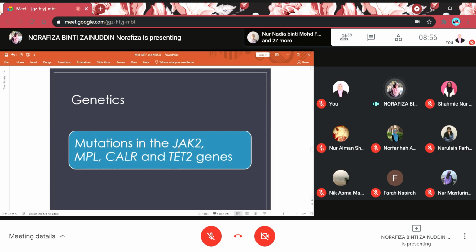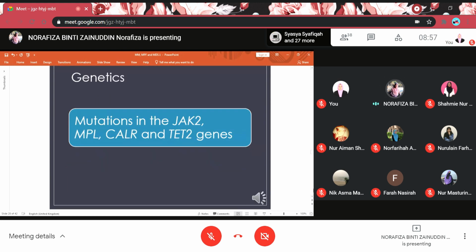But in PMF, the excess collagen will form scars in the bone marrow. Mutations in CALR and TET2 are relatively common, but again, it is unclear how these mutations are involved in development of primary myelofibrosis.